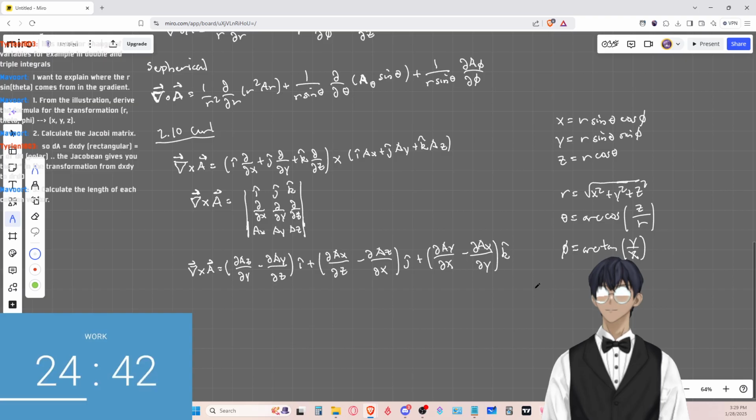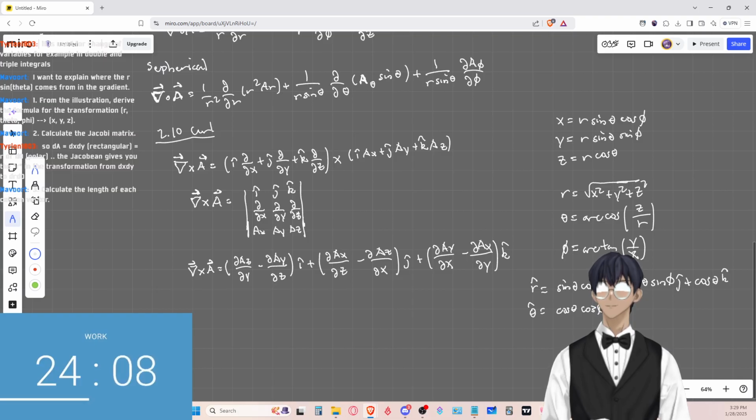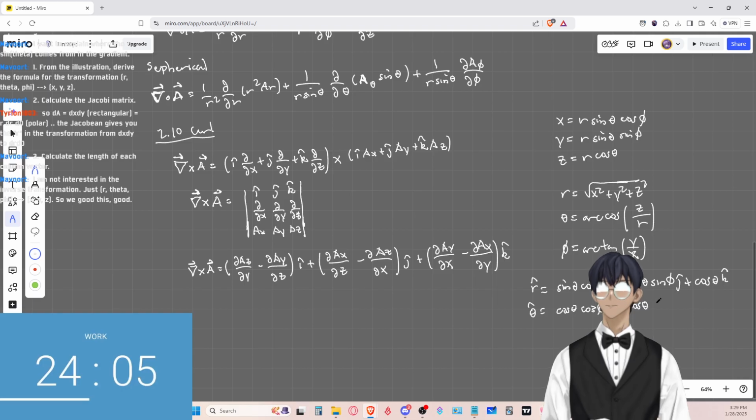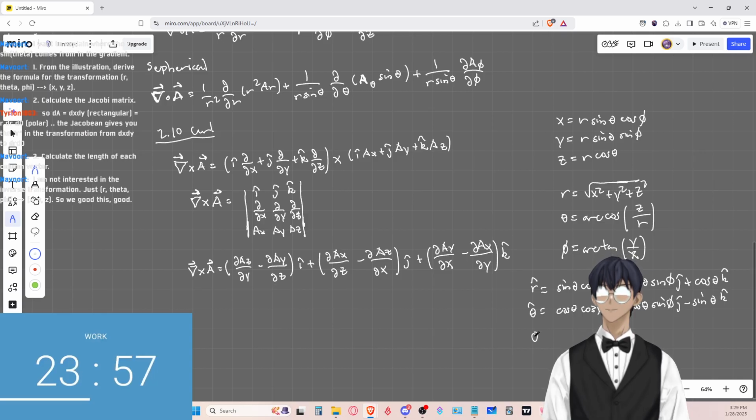And I think the unit vectors are r hat is equal to sine of theta cosine of phi i plus sine theta sine phi j plus cosine of theta k, and then theta hat is cosine of theta cosine of phi plus cosine of theta sine of phi, and then minus sine of theta, and then phi hat is minus sine phi plus cosine of phi.